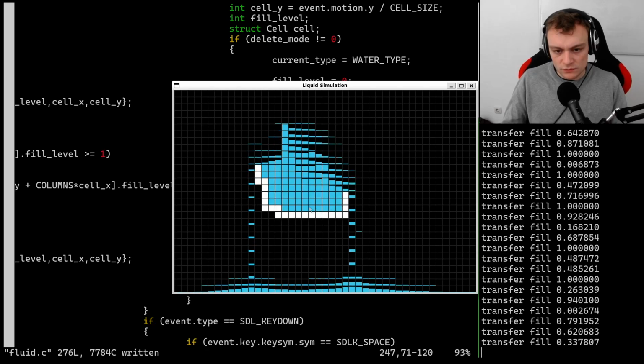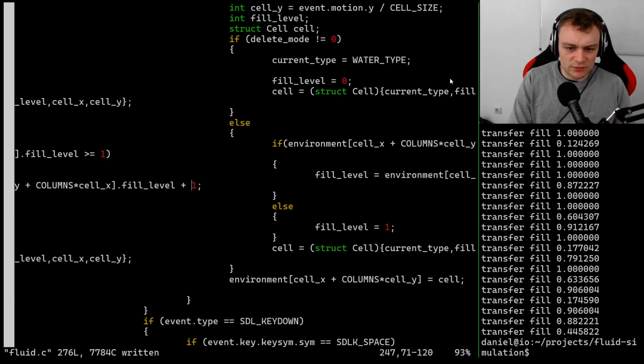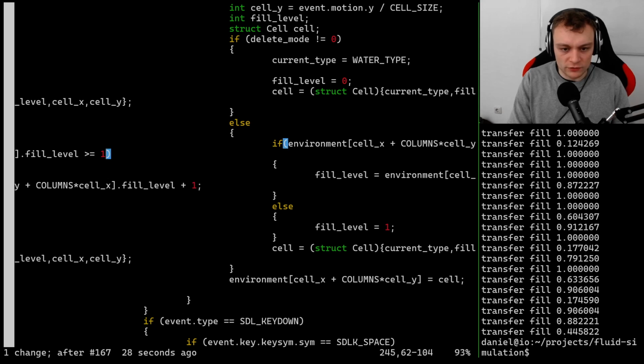Somehow this is partially working, but it's somehow odd. Now let's forget about this weird case where we increase pressure within the fluid. Somehow it's behaving oddly. I would like to focus on the simulation itself.